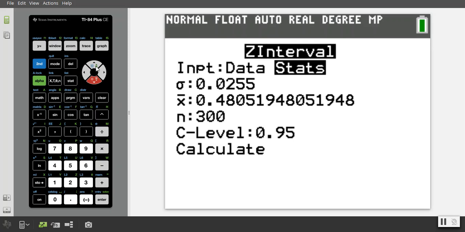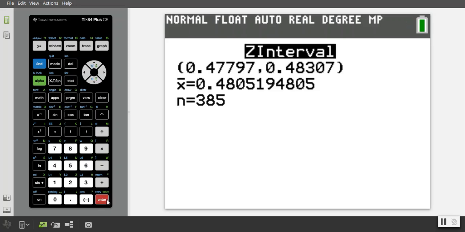Oh, yeah, sorry. It's 385, not 300. So everything should be correct now. Mm, no, it's still not giving us what we wanted.